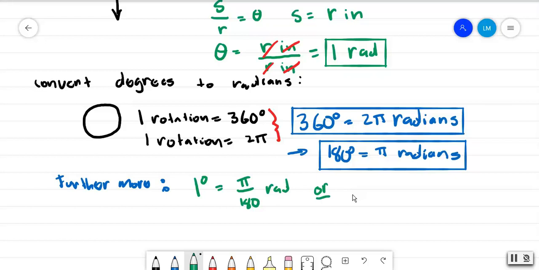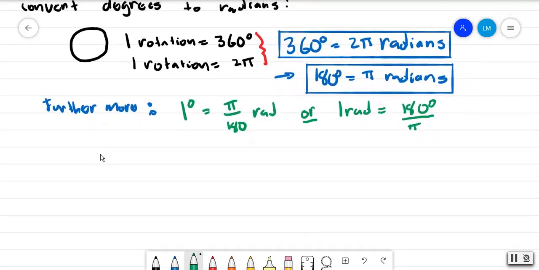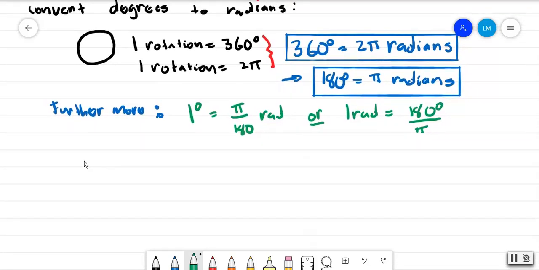Or we can say that 1 radian is equal to 180 over pi. Note that we're not going to include the radians for pi, but it works itself out that the dimensions match. If we ever drop the units, as long as we have that understanding, it works itself out when you're doing the conversion.